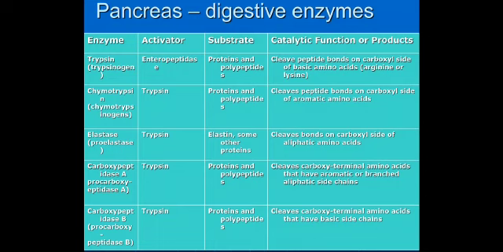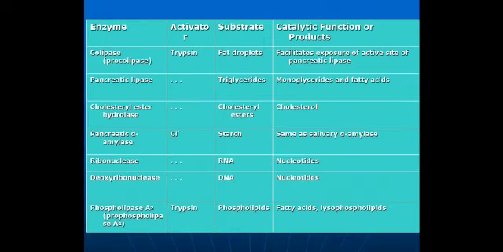All these are going to break the peptide bonds. So you should know the proteolytic enzymes are trypsin, chymotrypsin, elastase, carboxypeptidase A and B, and colipase, which is helpful in fat digestion.